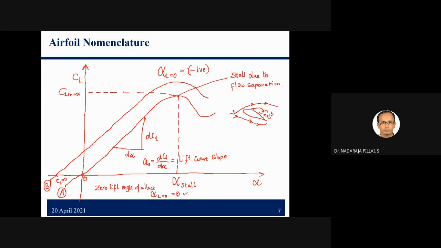So it all depends upon your camber, right? If you have an airfoil like this, it is having a positive camber. Now, what will happen if I have an airfoil like this? So what will happen in this case? It may not be negative, right?